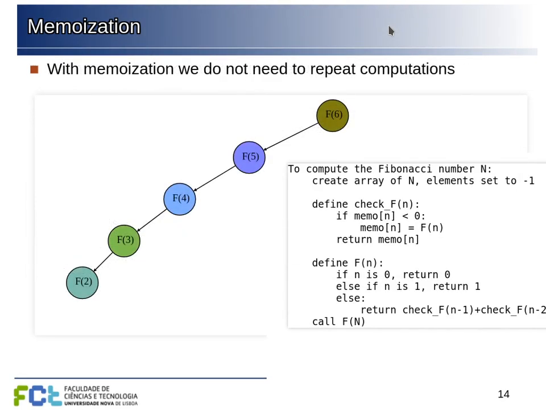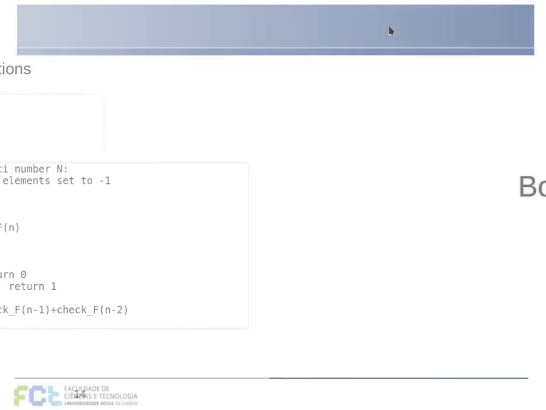So this is memoization. We are going again from the top down by using this recursive algorithm. But at each point we check if we already have that value for that sub-problem computed. If we don't, we compute it and store it, but if we have it in our memory, we just look it up, and so we save time in these computations.